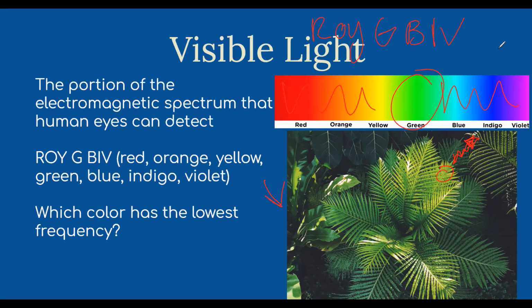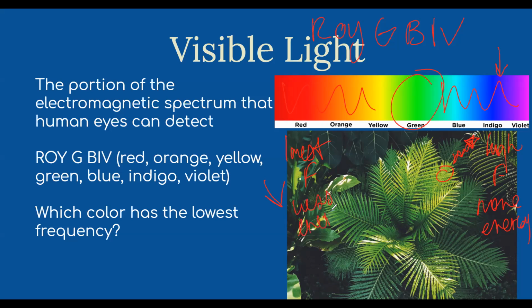Indigo is just like a deeper blue. This is from lowest to highest frequency, meaning that violet is going to have more energy, and red is going to have less energy.